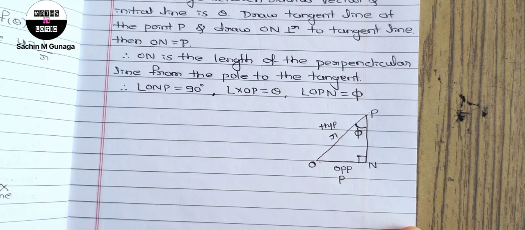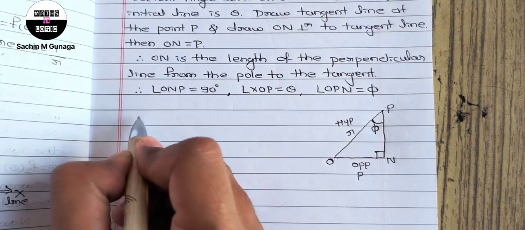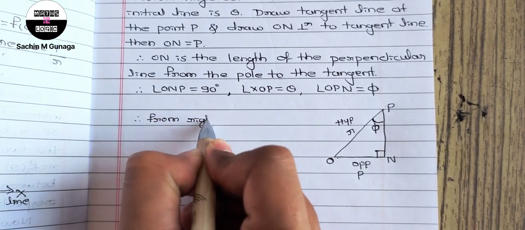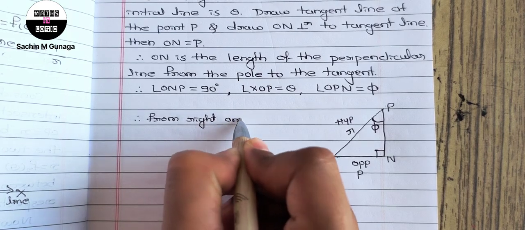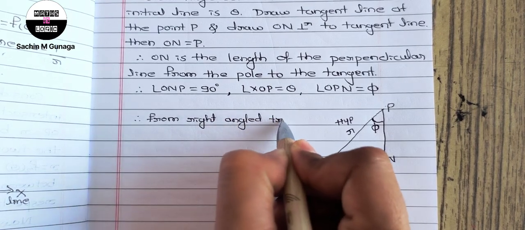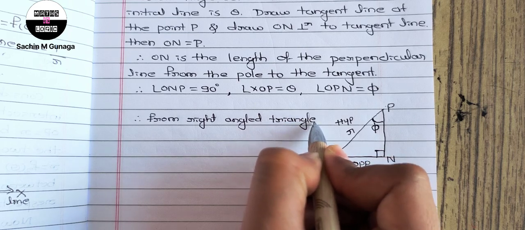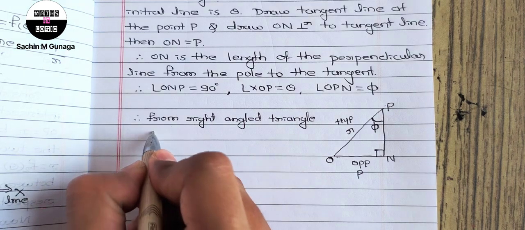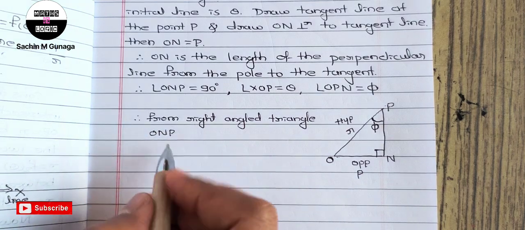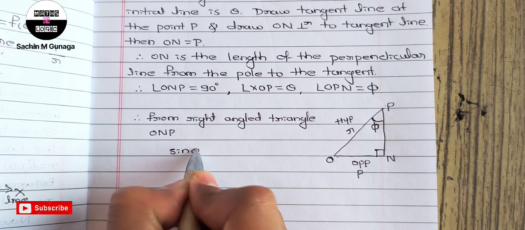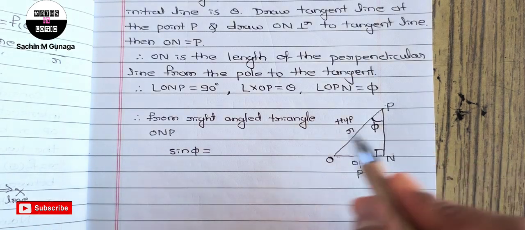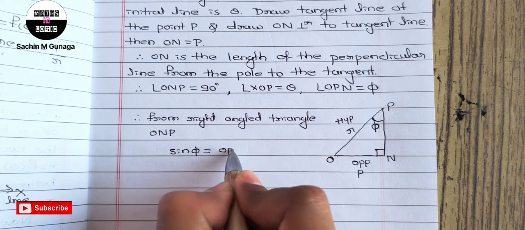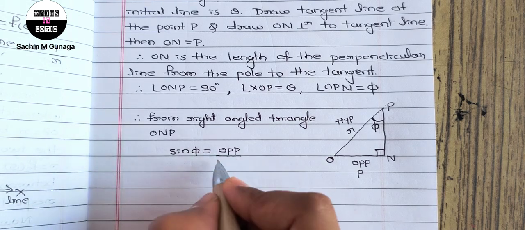Therefore, from the right angled triangle ONP, sin psi is equal to opposite side divided by hypotenuse side.